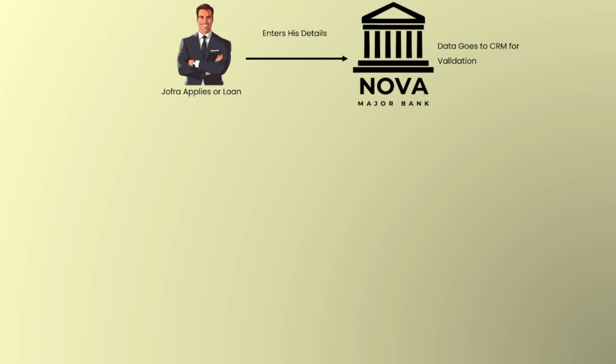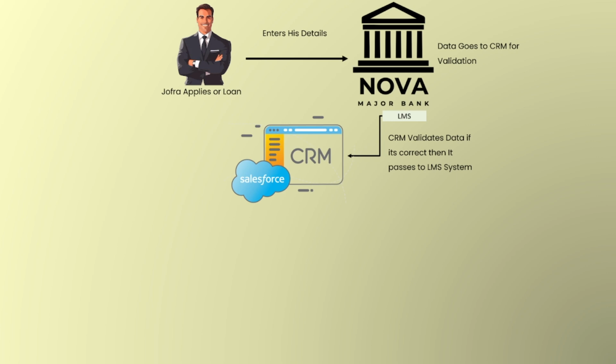Now what does Noah Major Bank do? It collects all the data, and his data now goes to the CRM for validation. So Noah Major Bank passes all the data to the CRM system. Here we are considering the example of Salesforce, which is a very famous customer relationship management system. So CRM validates the data. If it is correct, then it is passed to the loan management system.